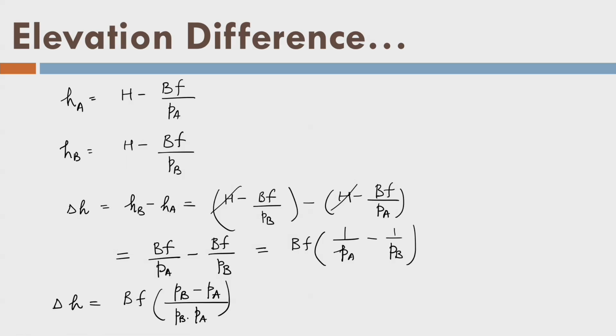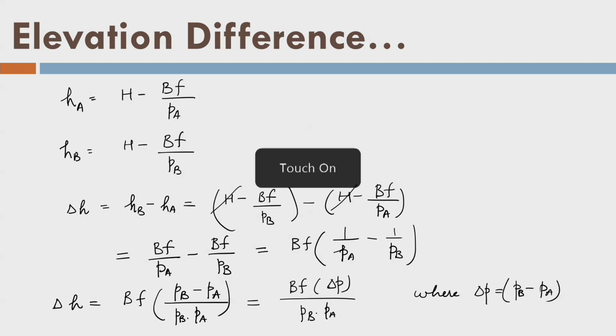I hope you are doing it with me. Try to do it yourself also, right. Let us call this term PB minus PA as delta P, the parallax difference, not the height difference. So, delta P is my parallax difference, where delta P is nothing but PB minus PA.